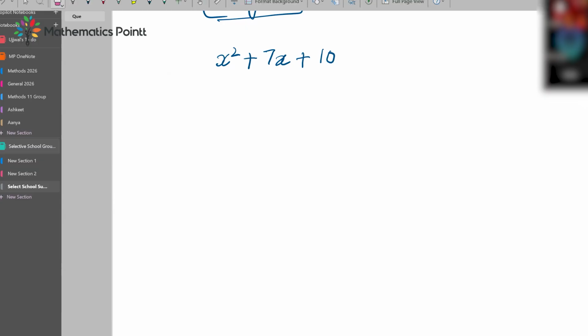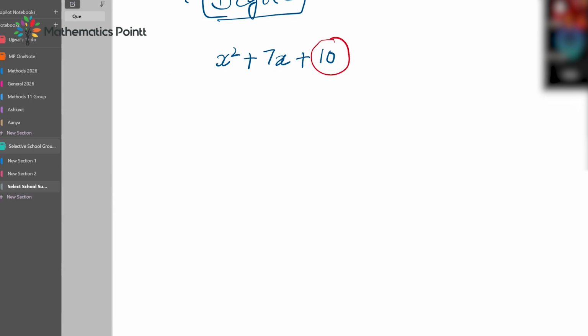In this scenario, this number, and probably the coefficient, which is nothing but 1, are very important.